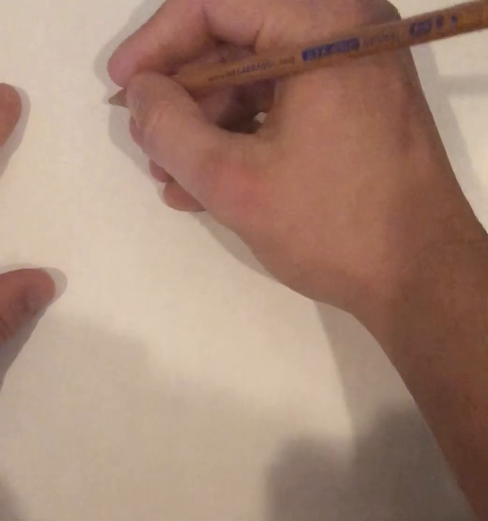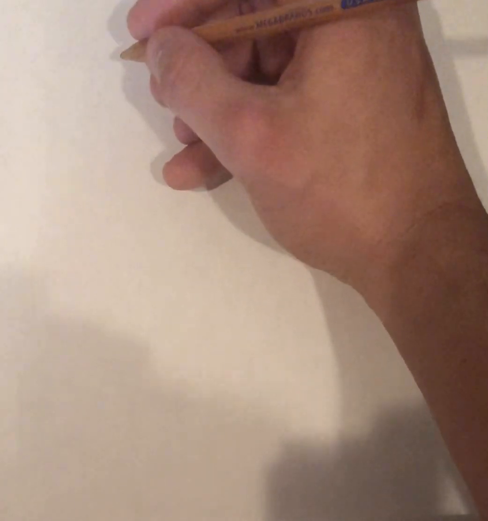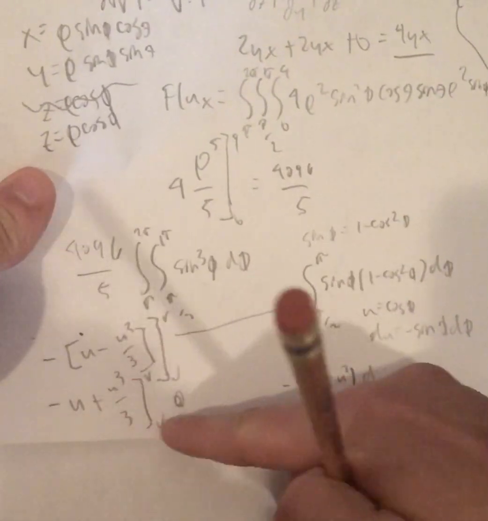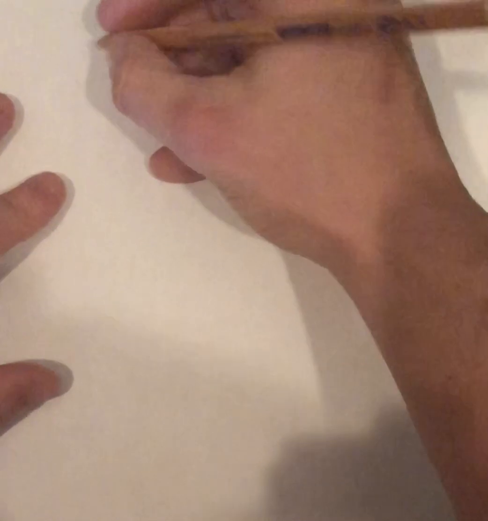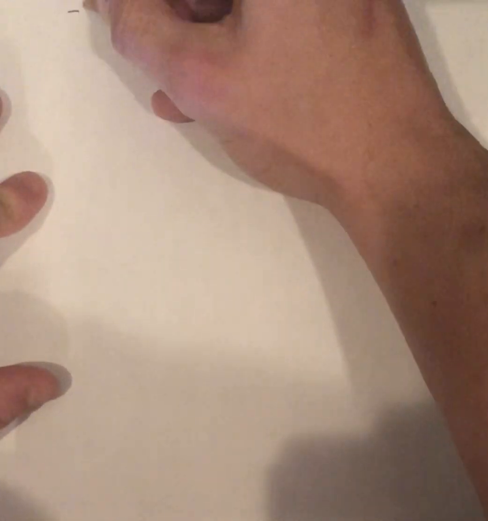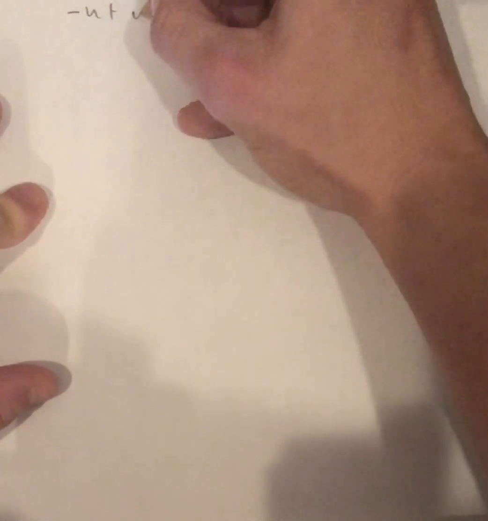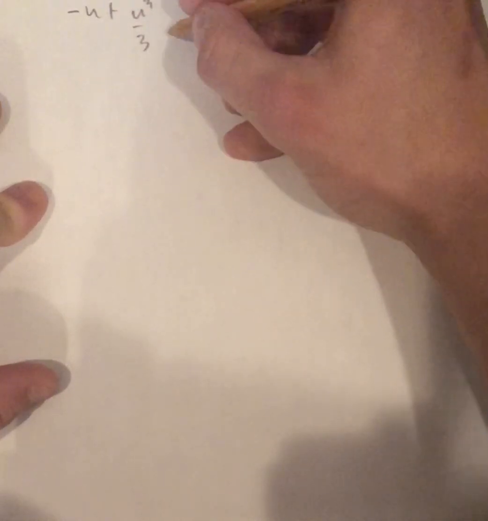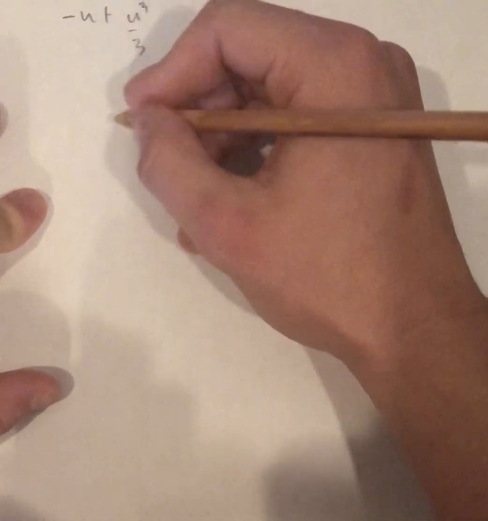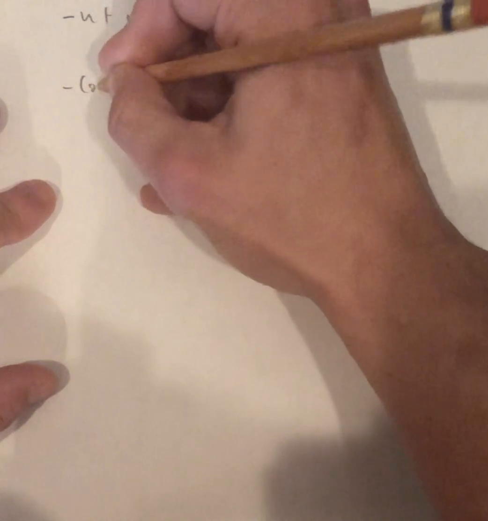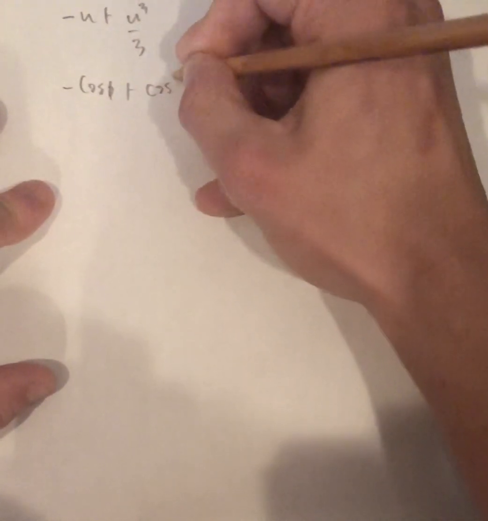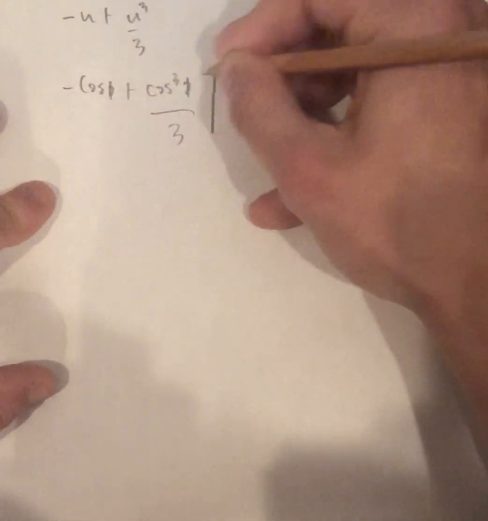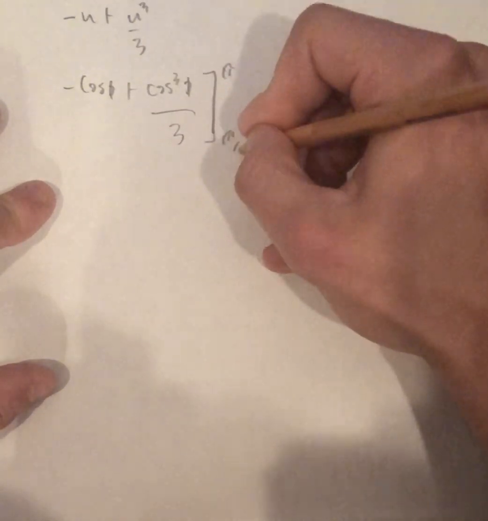All right, so what we're left with here is minus u plus u cubed over 3. And just remember that u is cosine phi, so we're at minus cosine phi plus cosine cubed phi over 3 from pi over 2 to pi.